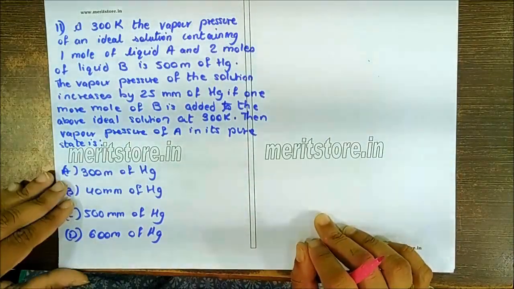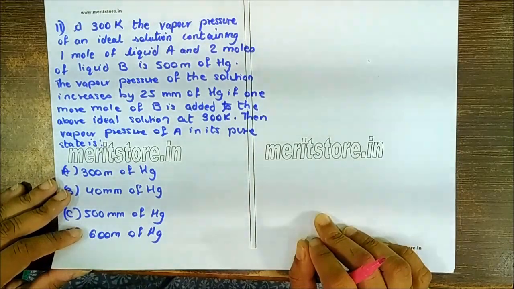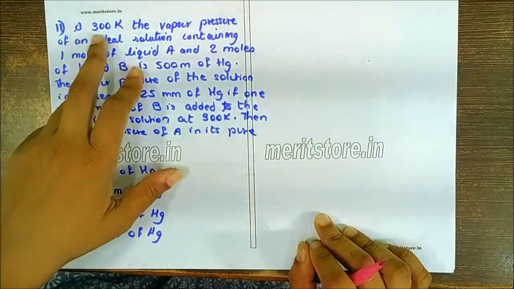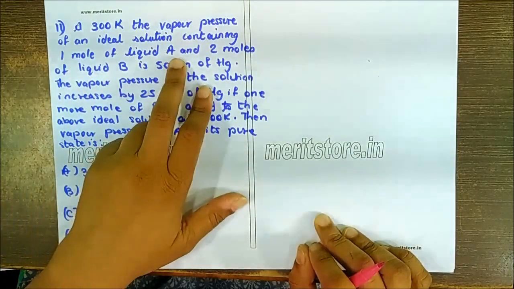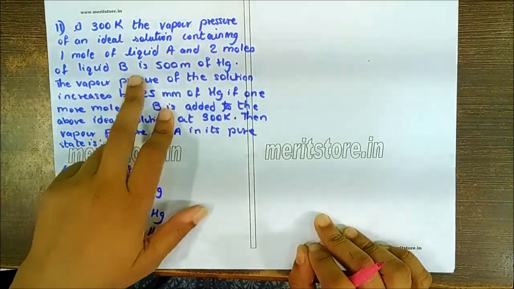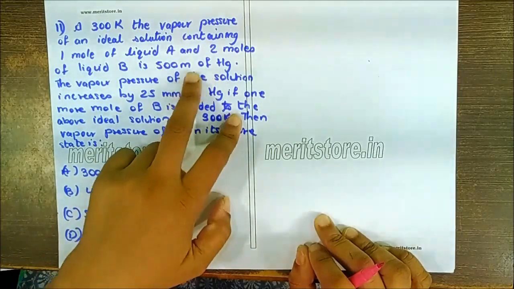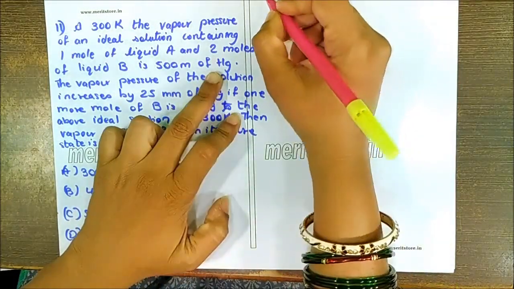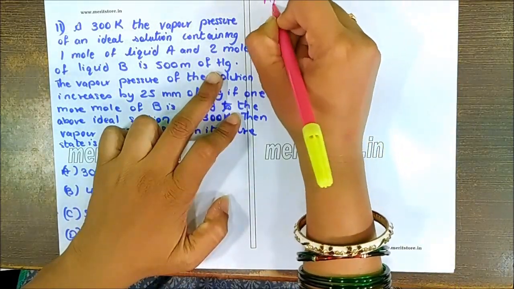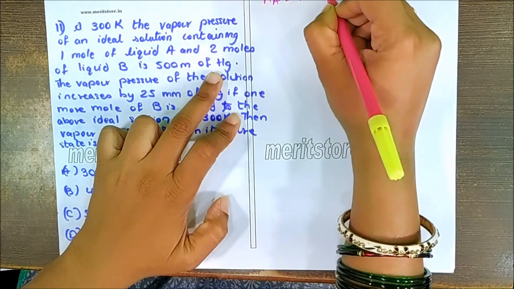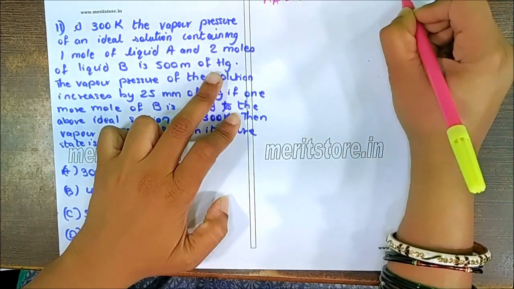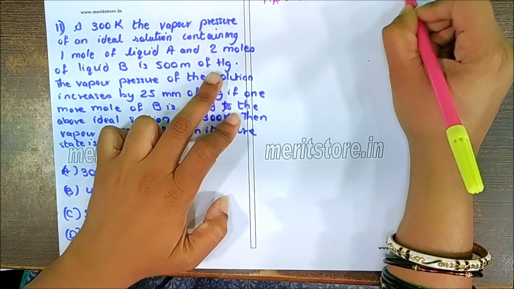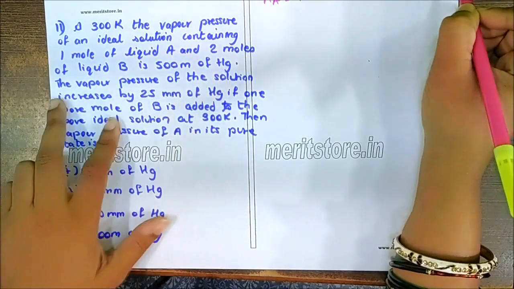Question number 11: at 300 Kelvin, the vapor pressure of an ideal solution containing 1 mole of liquid A and 2 moles of liquid B is 500 mm of mercury. So when you take 1 mole of A and 2 moles of B, the total vapor pressure was found to be 500.